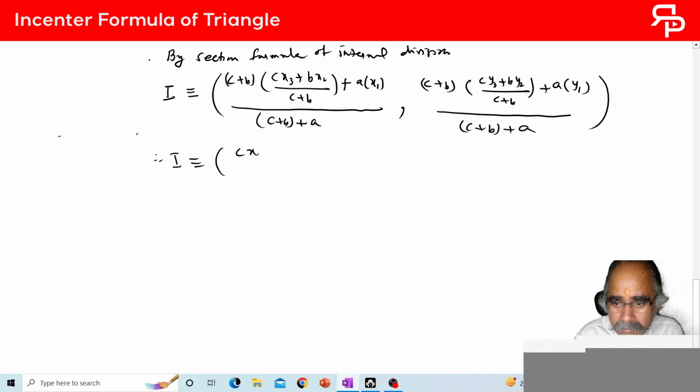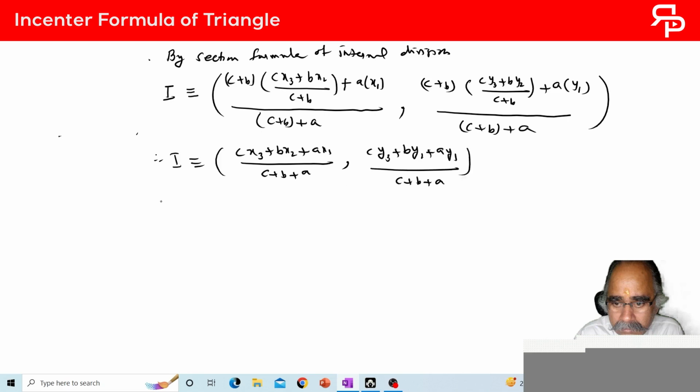So what is left? Cx3 plus Bx2 plus Ax1 divided by C plus B plus A, comma, Cy3 plus By2 plus Ay1 divided by C plus B plus A.